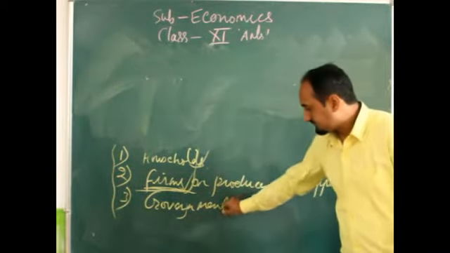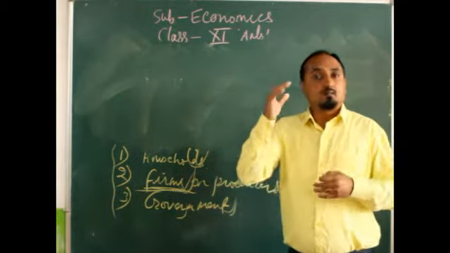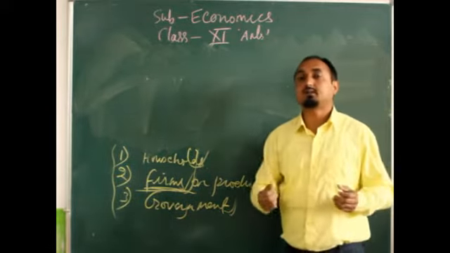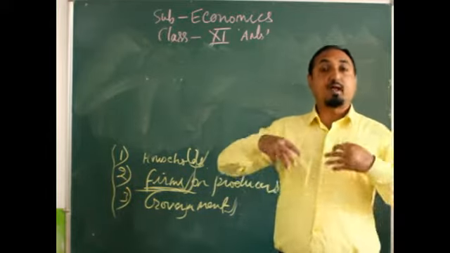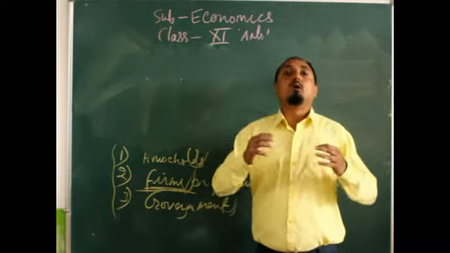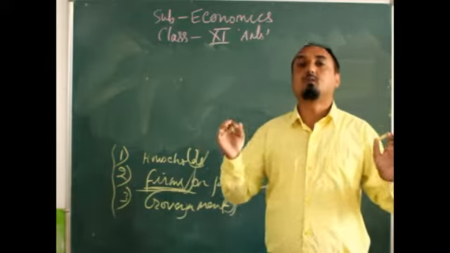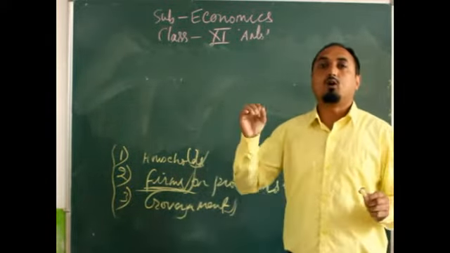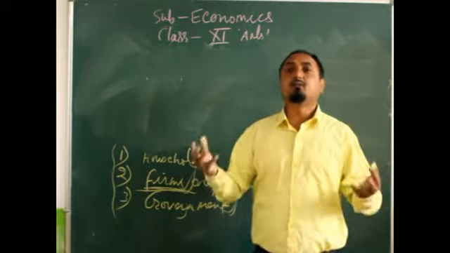Now, next thing, we have seen that government imposes different types of taxes on the production of various types of goods and services. As well as that, in our country, government provides various services to the people free of cost. We have seen government facilities, whether it is a government hospital, school, college, university, the government is providing free education.